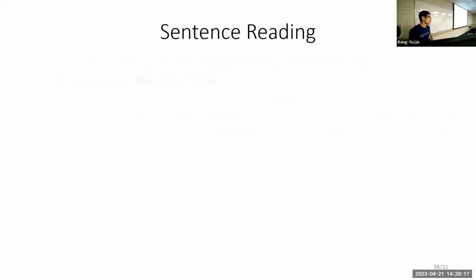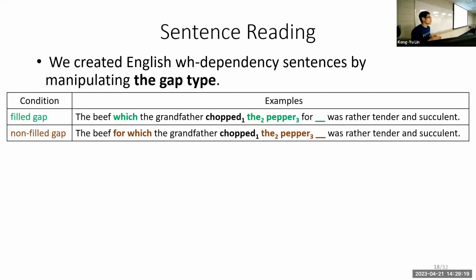As for sentence reading, we created English WH dependency sentences by manipulating the gap type. Just now we mentioned the filled gap, right? So in the first sentence, "the beef which the grandfather chopped the pepper for was rather tender and succulent." This is a filled gap condition because according to the memory-based model, the closest gap is expected to be right after the verb.